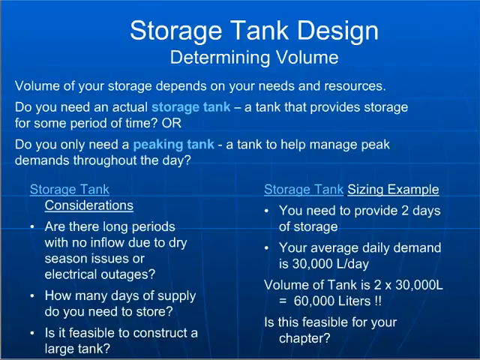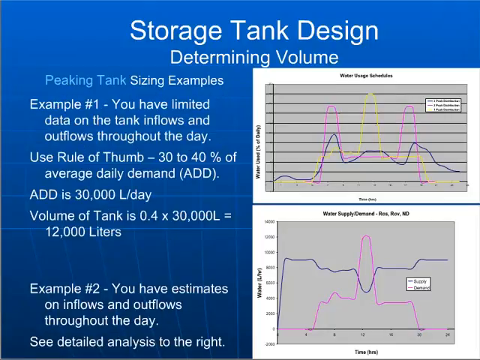So remember, the conduction line is moving water from the source to this peaking tank at a relatively steady rate throughout the day. But then you want to allow, through this peaking tank, for everybody in the morning to go and turn on the taps and draw a significant portion of all of the water that's going to be used in the day during perhaps only 2 to 3 hours.